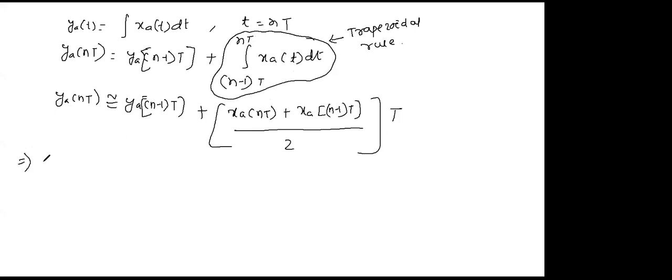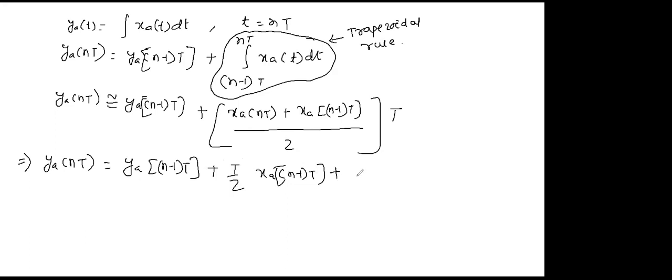So I can write ya(nT) equals ya((n-1)T) plus T/2 times xa((n-1)T) plus xa(nT). Clear? Now how can we write? ya(nT) means what is the meaning?